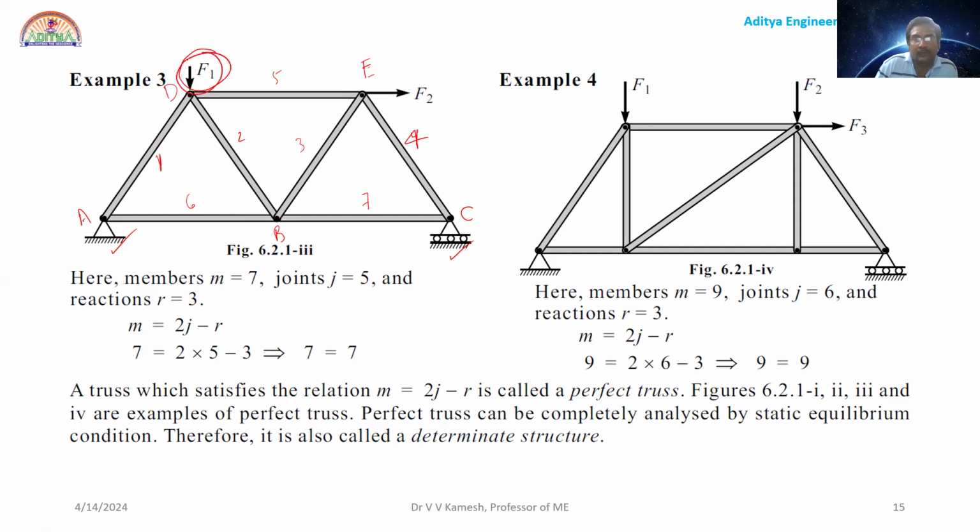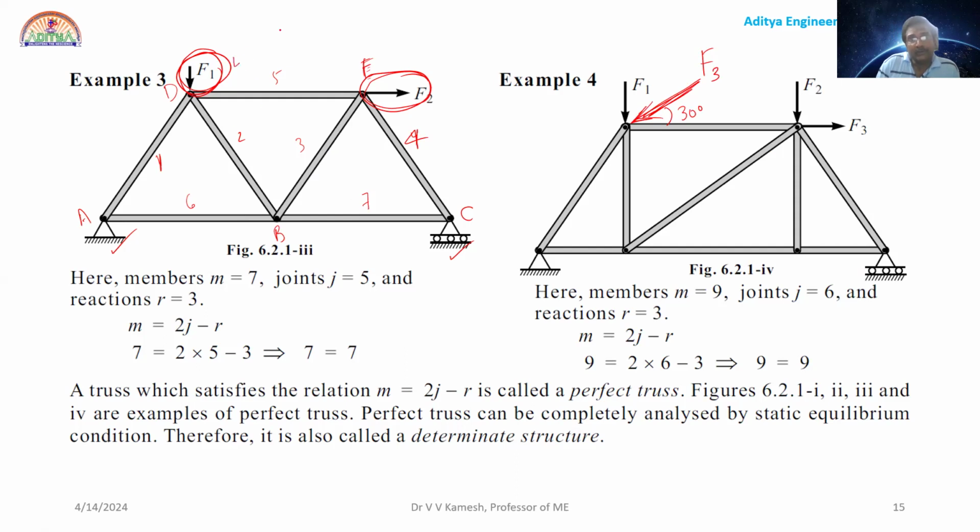Loading at this joint D, F1, loading at the joint E, that is F2. Direction may be different. It may be horizontal, it may be vertical, or it may be an inclined load like this. Suppose I'm applying another load here. See the second diagram. I'm applying inclined load F3 at an angle some 30 degrees. Right. So at the joints, I can apply the load, right?